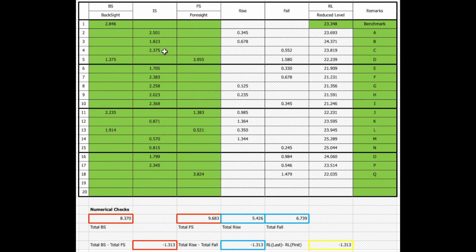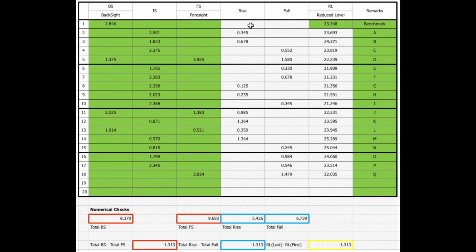Conversely, take an example of 2.375. The next reading after that value is 3.955. The second reading is larger. The difference between the two readings is worked out and the value is placed under the fall column.